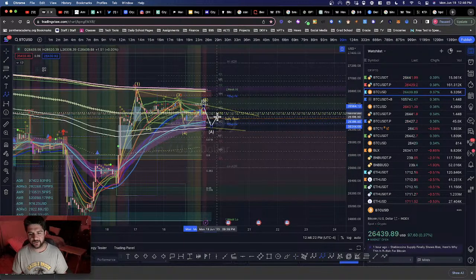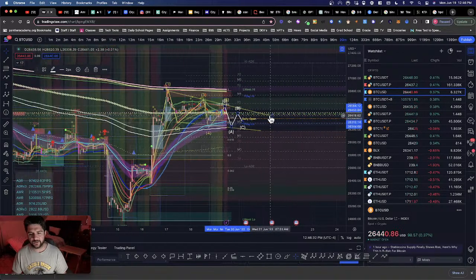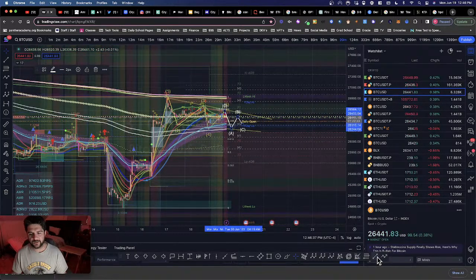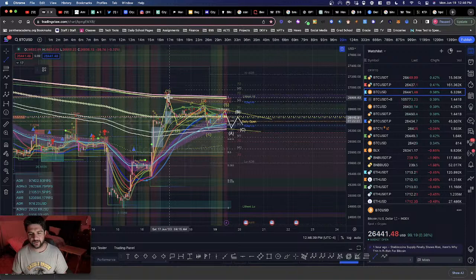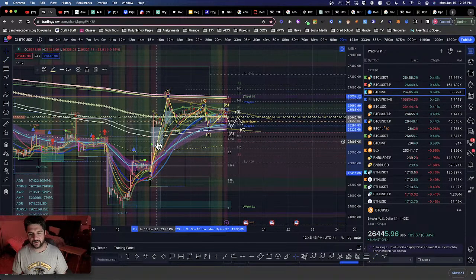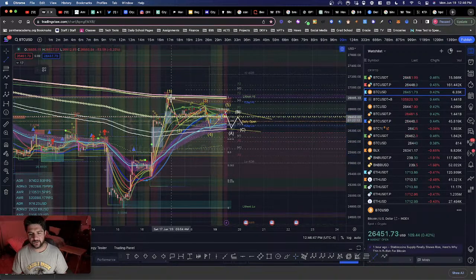A, B, and you hope your C, and look, it's literally gonna go nowhere. It's just gonna go sideways, right around the daily open. If he creates the wedge here, trying to grab the stops from here, that's how that works. That's why those little measured moves do work, because they grab stops.